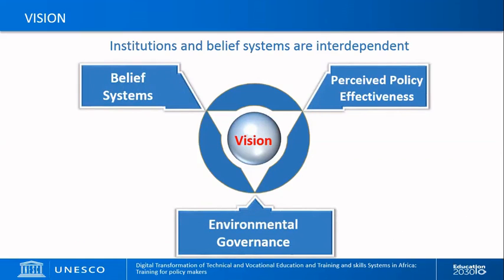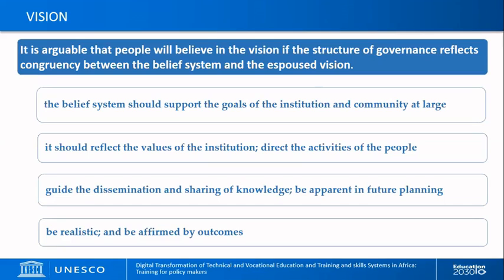Now, institutions and belief systems are always interdependent. In that sense, the vision must promote the belief system, and must promote the perceived policy effectiveness and environmental governance. It is arguable that people will believe in the vision if the structure of governance reflects congruence between the belief system and the exposed vision.